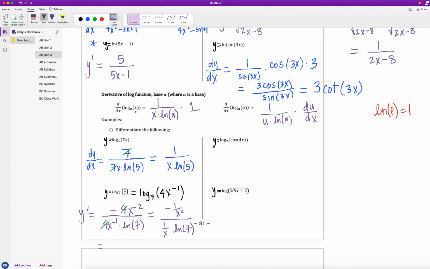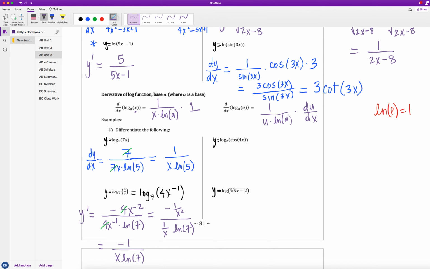So this is equal to negative 1 over x times the natural log of 7. And what's happening there is if I multiply by the reciprocal of 1 over x, that x squared comes down to the denominator, and I end up with x over x squared, which reduces down to just be a single x in the denominator. Okay, let's look at example C.